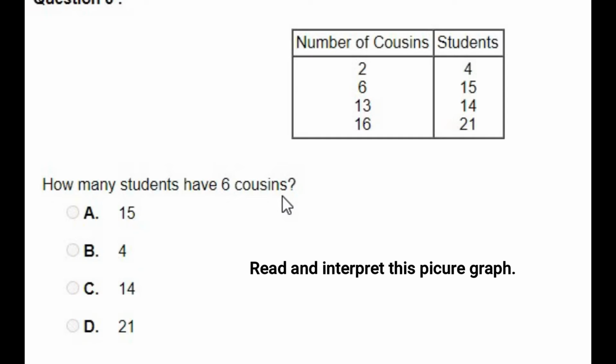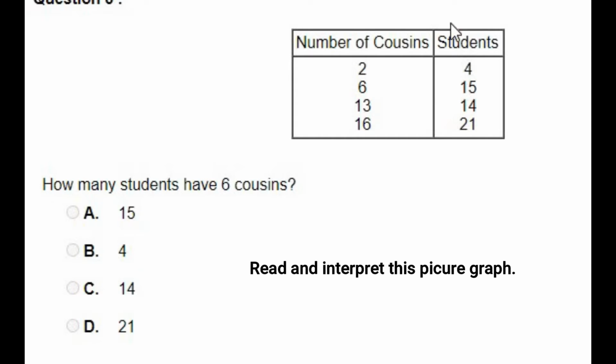How many students have 6 cousins? We have here 15 students have 6 cousins. That will be our answer for this. Will it be A, B, C, or D? Our answer is going to be A, because 15 students have 6 cousins.